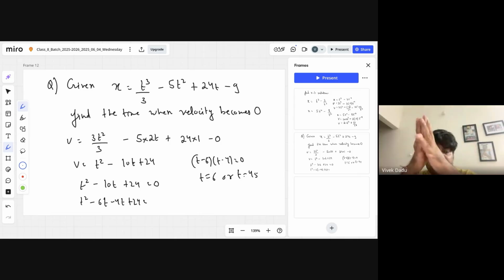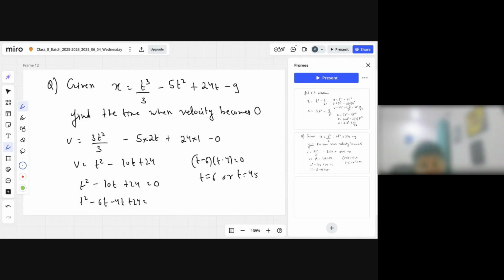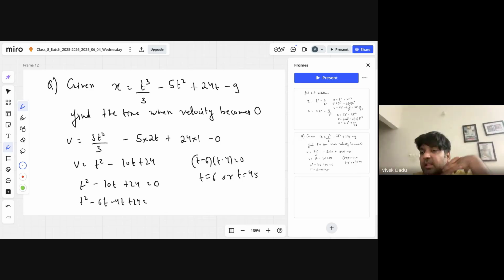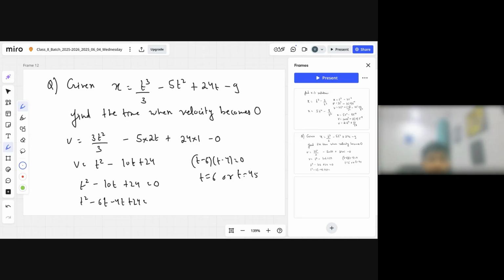See, t cube becomes 3t square, but why do you want to factorize it again? You have already done it once, right? That way, if you keep doing it, 3t square becomes 6t and then 6, and there is no limit to it. Okay, Arihant, do you get it? Yes, sir.